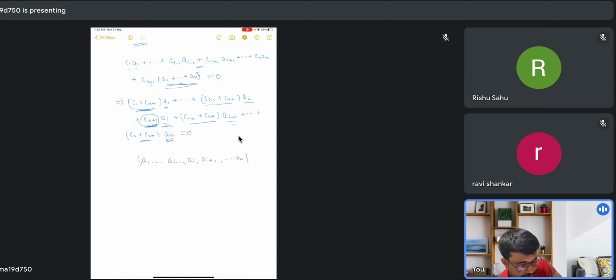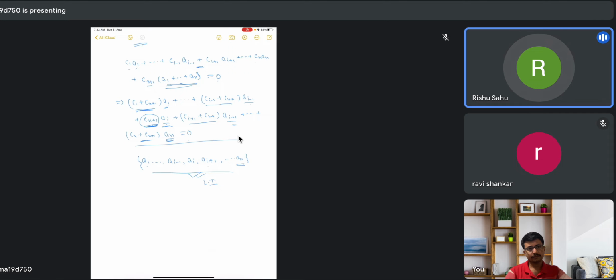All coefficients A1, A2 up to A(i-1), A(i+1), n are here. In this expression, all of A1 up to An are there, and we are getting the sum is 0. Initially it was given that this is a linearly independent set, so all coefficients must be 0. Is it fine or not?